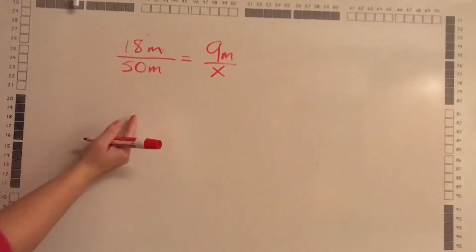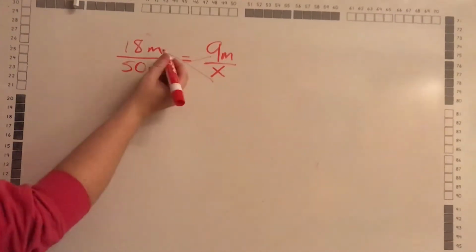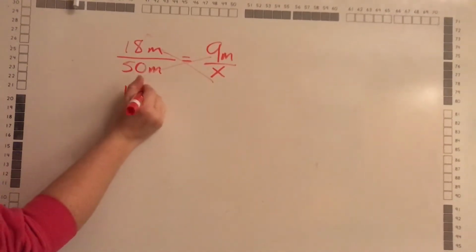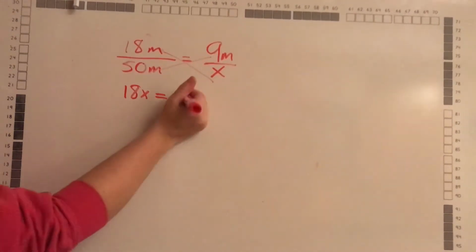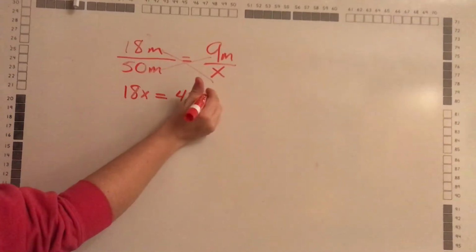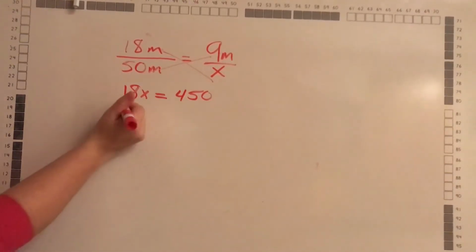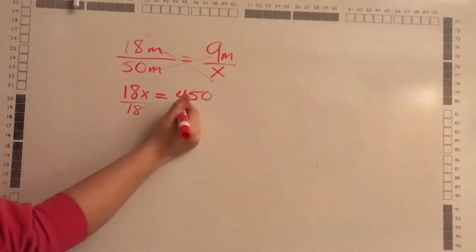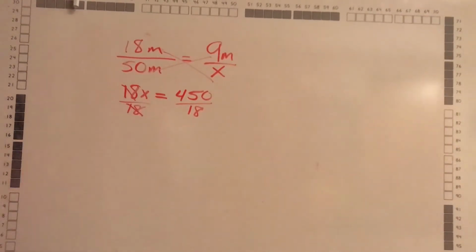Now again, in order to solve for x, we're going to cross multiply. That's going to give us 18x equals 50 times 9, so 450. Now we want to isolate x, so we're going to divide each side by 18, and that will cancel out.